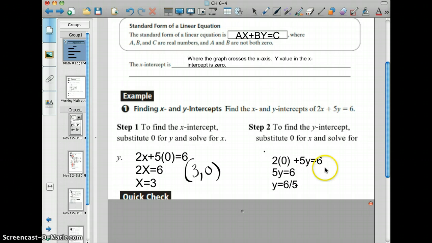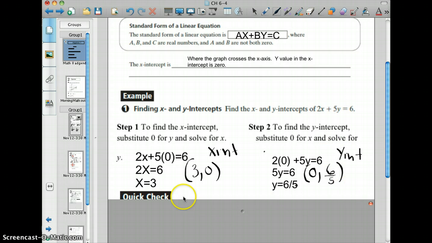Over here, our y-intercept is 6/5, and that's our y value, not our x value. So we're going to have 0, 6/5, which is our y-intercept. So here's the x-intercept.